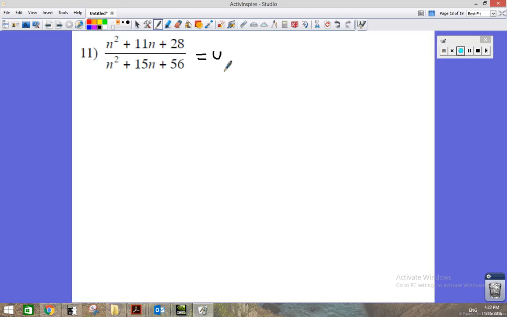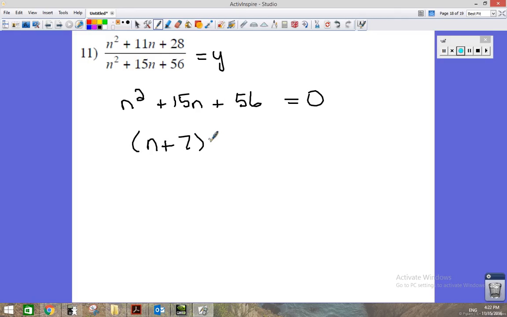So if this guy's equal to y, this denominator, I can't let it be 0, but I can't see that by inspection, so I have to temporarily let it equal 0. I either need to use the quadratic formula or to factor it. Two numbers that add up to 15 are 7 and 8.